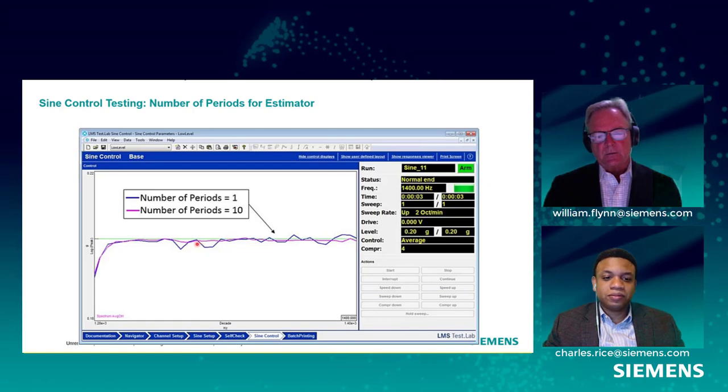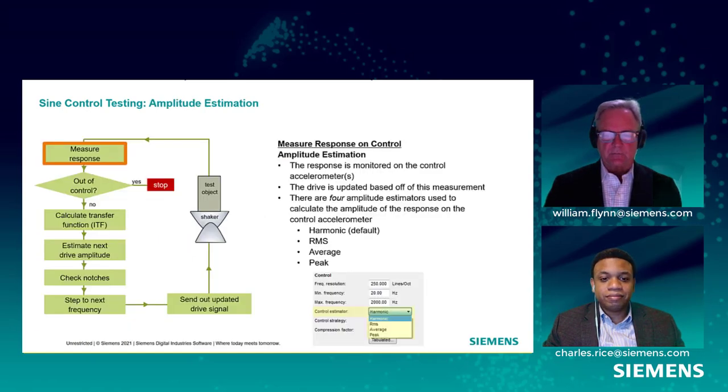So you might want to filter that out a little bit and take some more periods. Again, you probably want to tabulate that and program that as a function of frequency. Increase the number of periods as you get higher in frequency, because the time for one frequency period is much, much smaller.